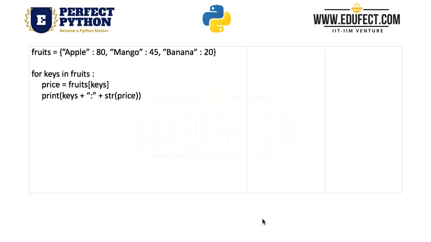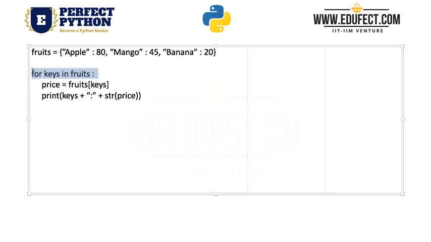Let us see how we iterate over a dictionary. If we want to take out all the keys and print their values against them, how do we do it? So for keys in fruits, very similar to what we did in the case of a set. For keys in fruits, we'll take out all the keys and go through them one by one. Now what will happen?